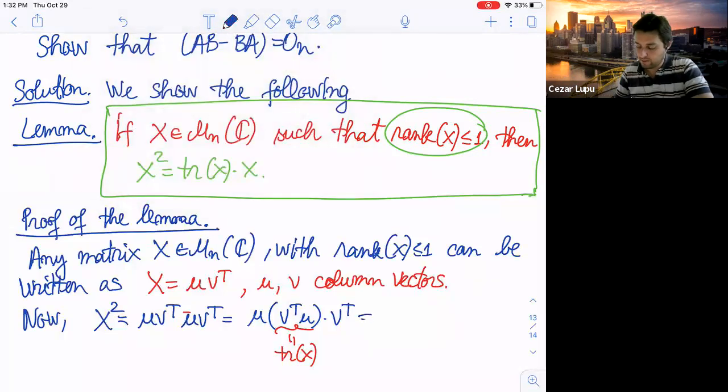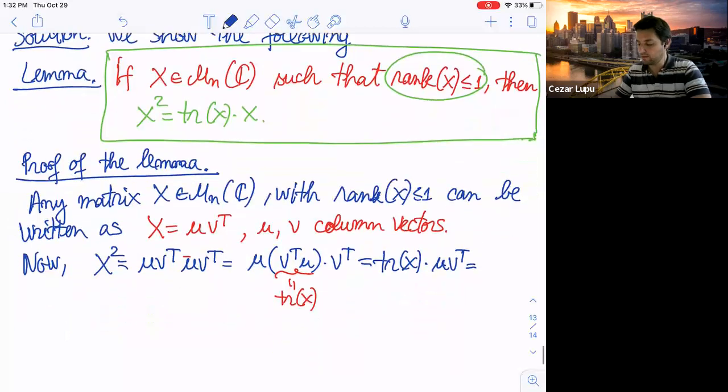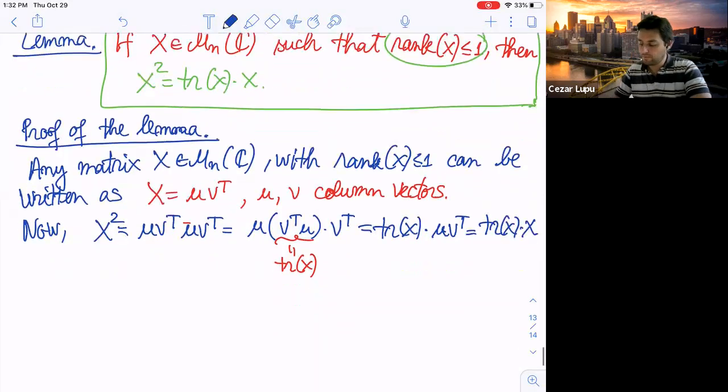The trace is a scalar, so it would be the trace of X times UV transpose, but UV transpose is X, so it would be the trace of X times X. And the proof of the lemma ends here. So that's the proof of the lemma.